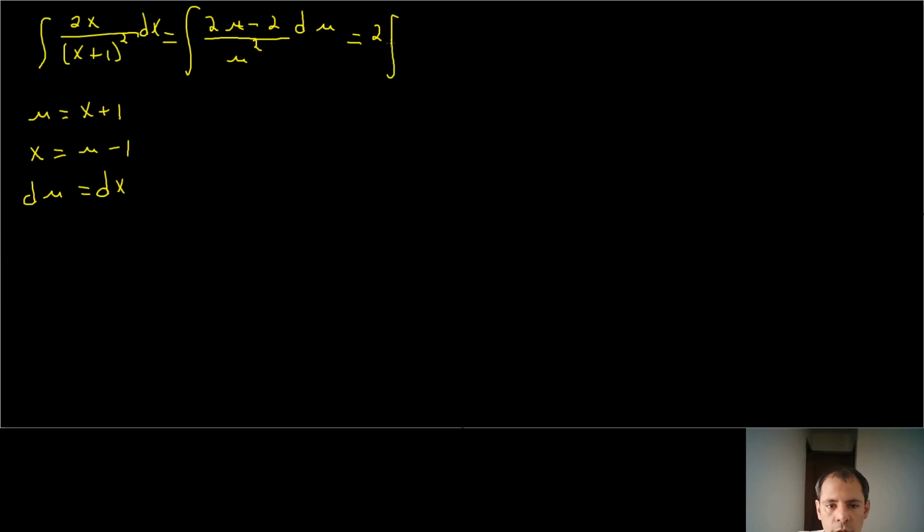So I'm going to get the 2 out, and then you have u divided by u squared is just 1 divided by u, du. And now you got a minus 2 times the integral of 1 divided by u squared du.